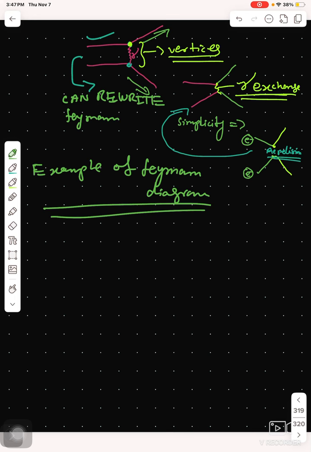So relate photon to electron type particles. Okay. So the Feynman diagrams can add up. Yes, they can add up.